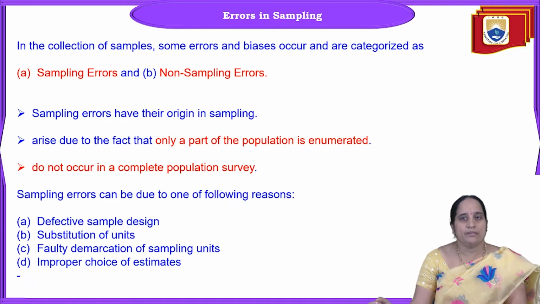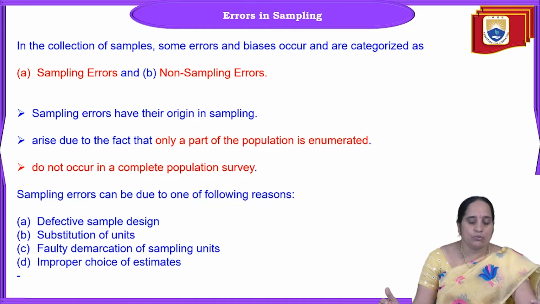Sampling errors have their origin in sampling. It means that a wrong selection of a sample leads to errors in sampling itself. These errors also arise because only a part of the population is enumerated.